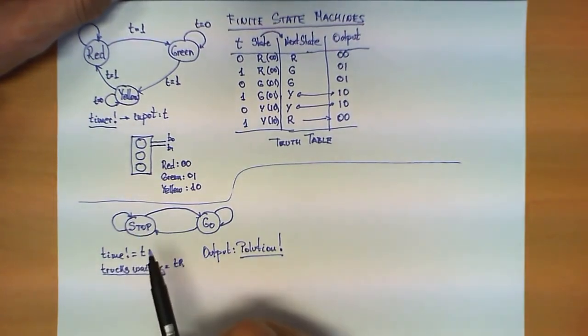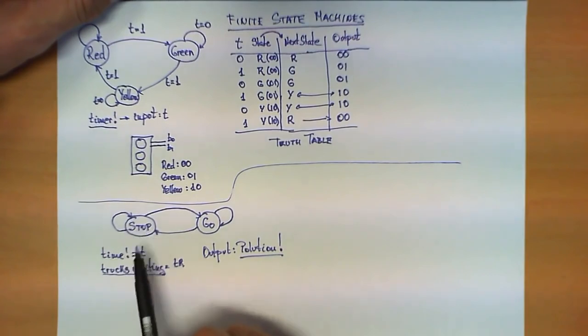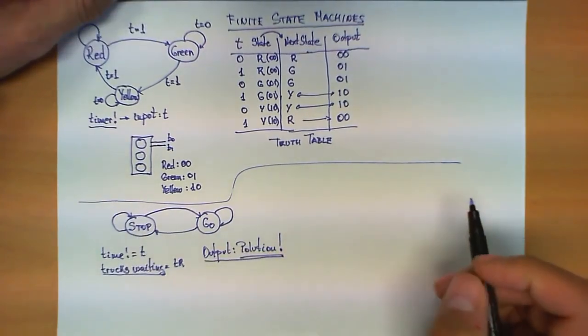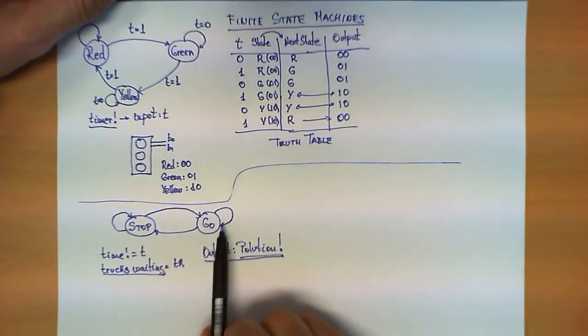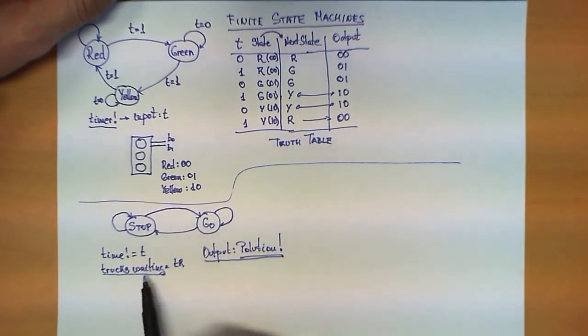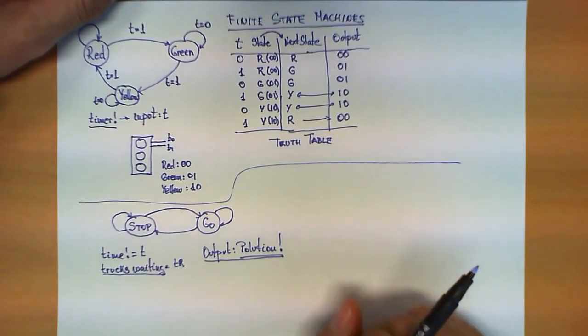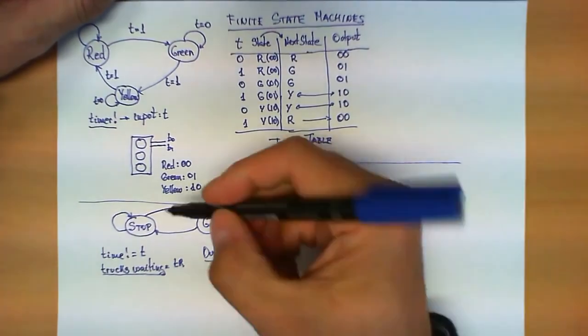In other words, when all traffic has stopped and the truck sensor detects trucks that have been stopped here, then the output of my machine should be 1. However, when the traffic is circulating, I should ignore this trucks waiting signal and the pollution should be 0. Now let's work out the details here.